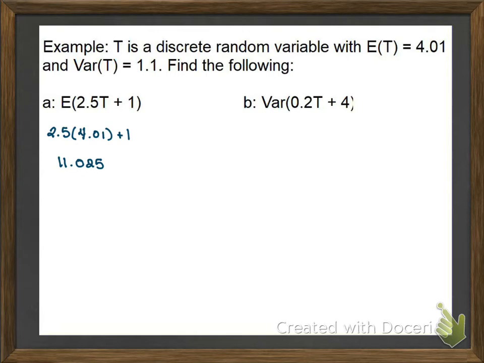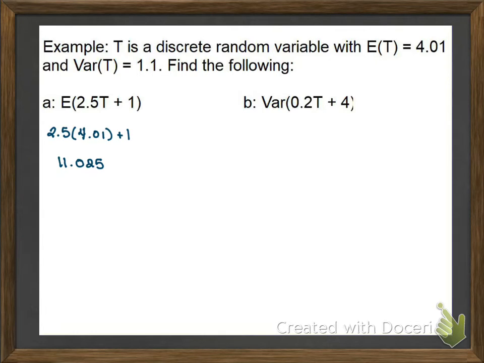So for this first example, we are given that our expected value is 4.01 and our variance is 1.1. For this first transformation, we want to find the new expected value. So we're going to multiply 2.5 by our expected value and add 1.